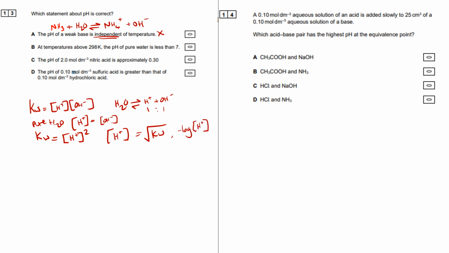So in pure water, what's happening is you're getting more dissociation at a higher temperature. The bonds are going to be breaking more. Forward reaction is endothermic. So if you're getting more dissociation, you're going to get a higher Kw value and a higher hydrogen ion concentration.